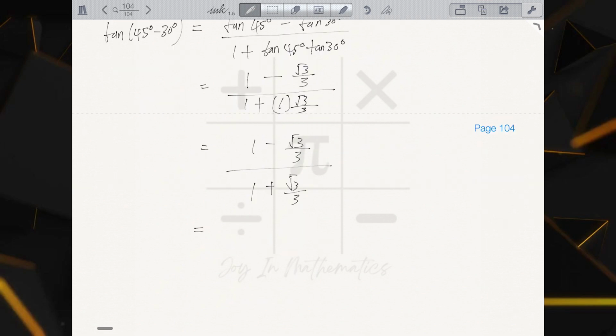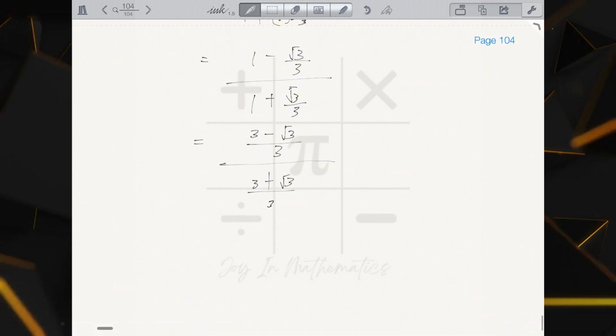Let's take the LCM of the numerator. That's 3, which is 1. We'll have 3 here, and we'll have root 3 here. And for the denominator now, we'll also have 3, and we'll have 3 plus root 3. So let's simplify further.